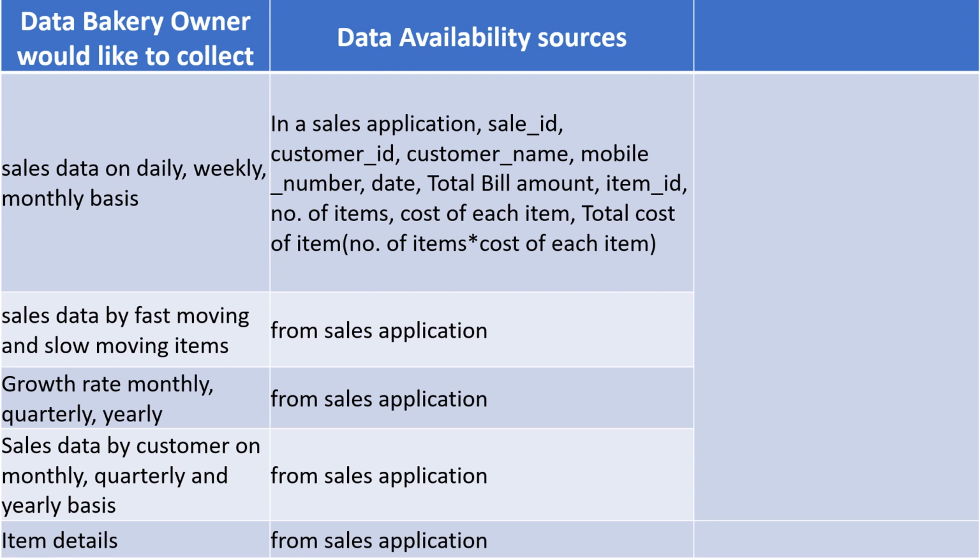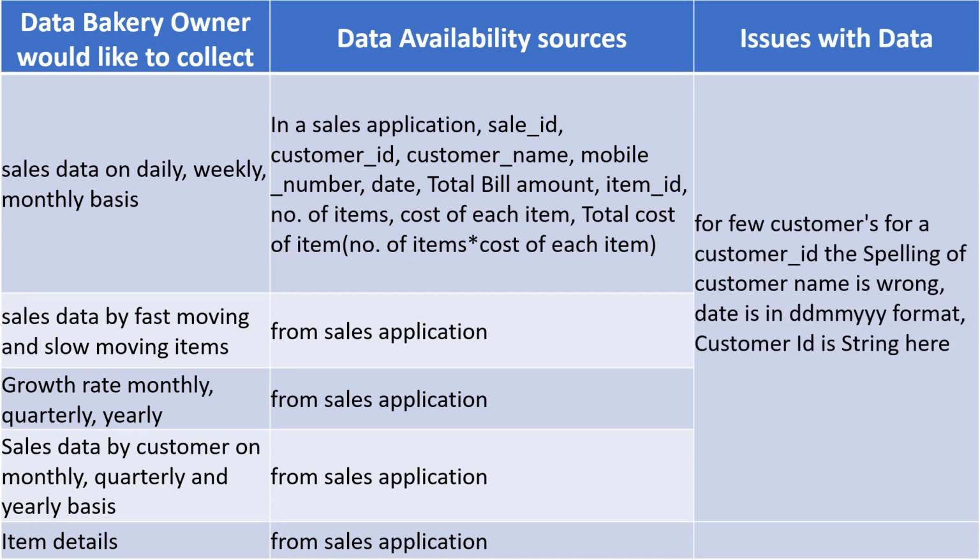Based on these two, he identifies the sales data and comes up with the issues within that data. The issues he sees are that for a few customers, for a customer ID, the spelling of the customer name is wrong.